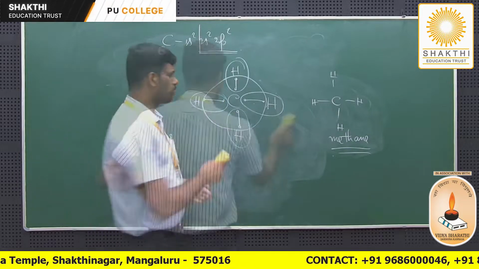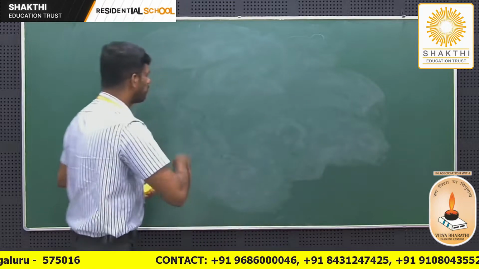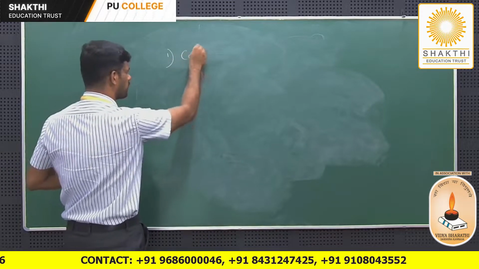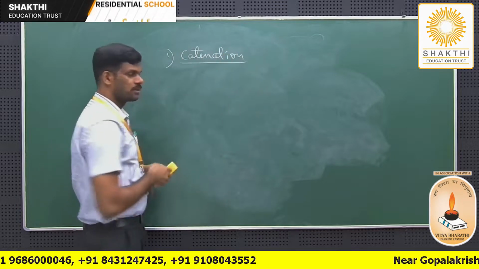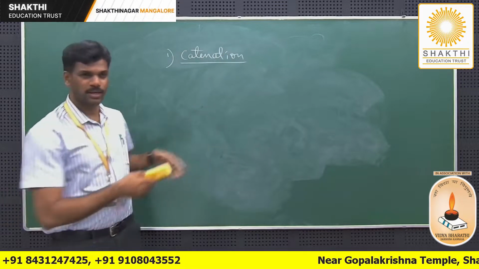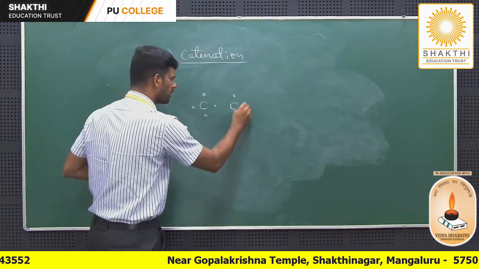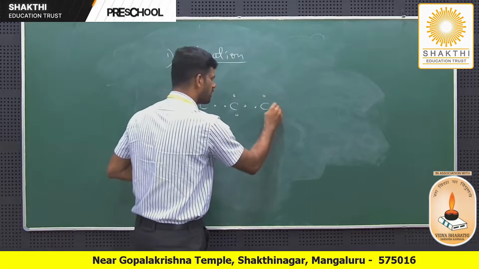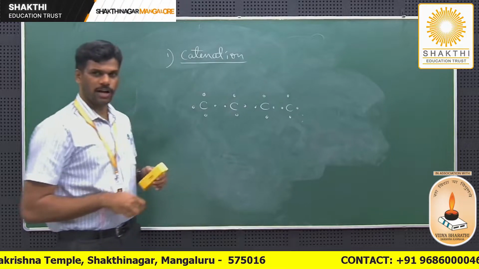Continuing the concept of forming bonds, the next important question which will be asked in the examination is catenation. What is catenation? You can see these are the dot structures of carbon.